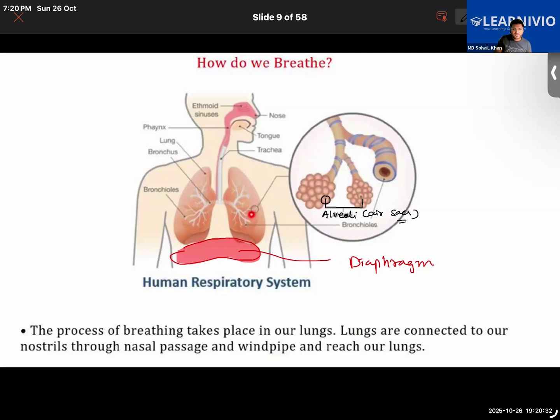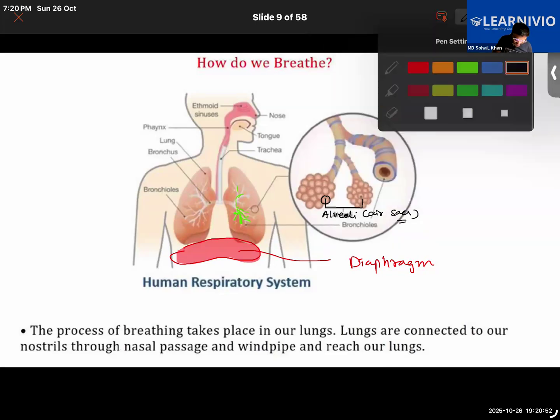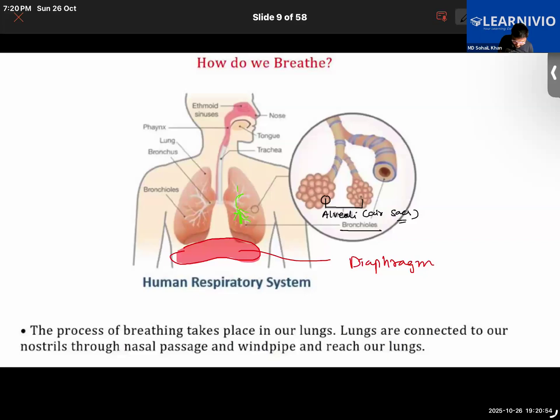Then further, you look at these tube-like structures spread inside it. Let me highlight that. These tube-like, branch-like structures spread over here are called bronchioles. Bronchioles.